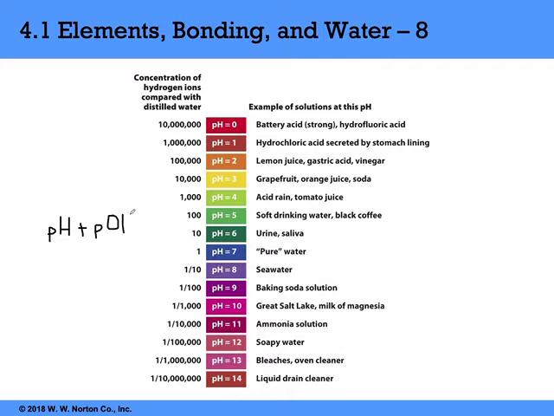That's always true. All right. So that means if the pH of a solution is 6, the pOH of the solution is 8. If the pH of the solution is 7, the pOH is 7. If the pOH of the solution is 10, the pH is 4.